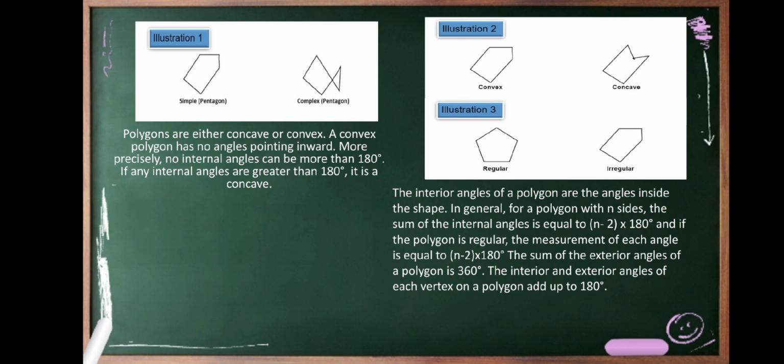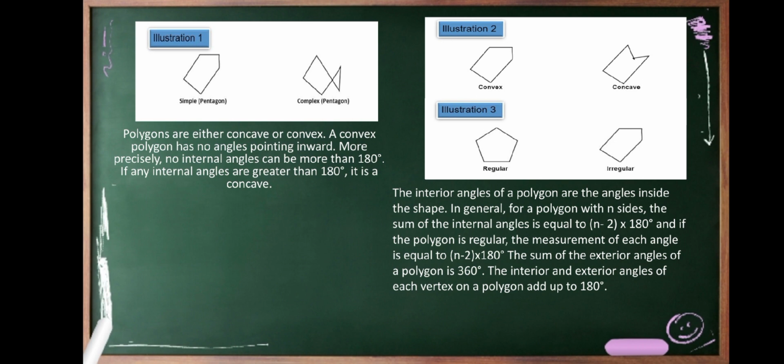The interior angles of a polygon are the angles inside the shape. In general, for a polygon with n sides, the sum of internal angles is equal to (n - 2) times 180 degrees.